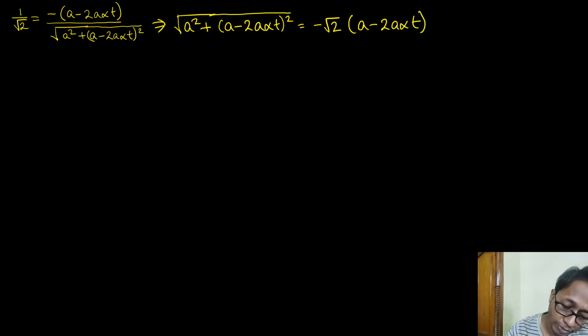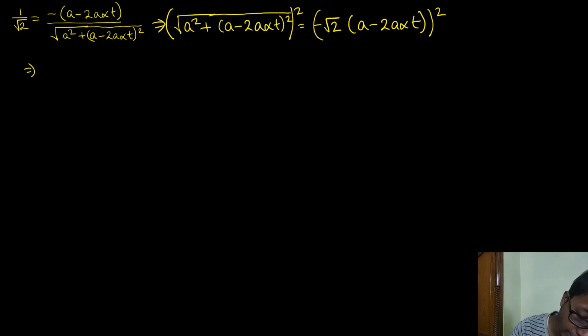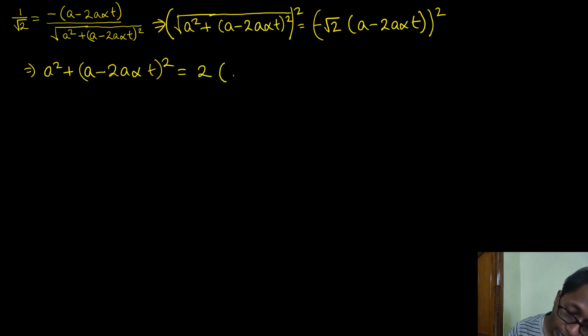Now I square both left hand side and right hand side. So I get a square plus (a minus 2a alpha t) whole square is equal to 2 into (a minus 2a alpha t) whole square.